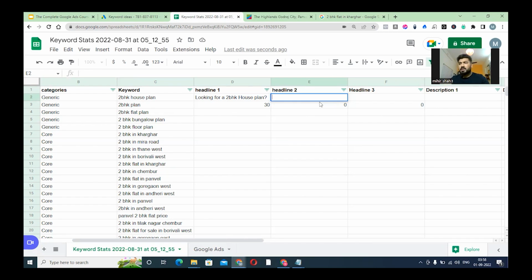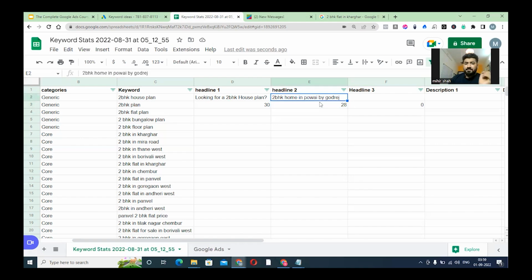So basically, 2 BHK homes, 2 BHK homes in Powai by Godrej. Now I'm pretty sure, oh, I figured that this would be exceeding the limit, but no, it is not.